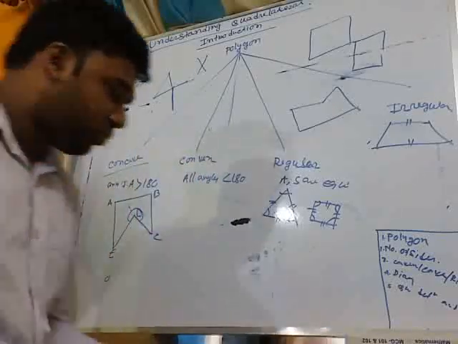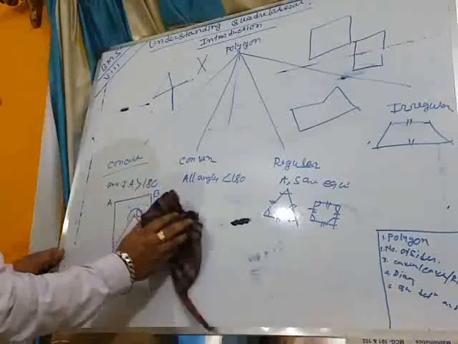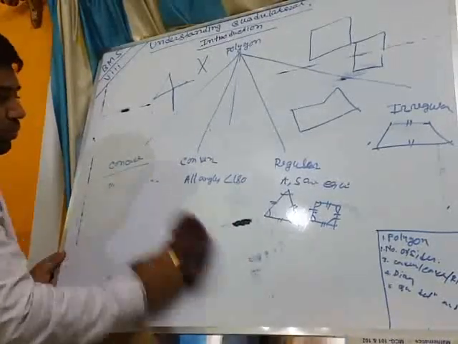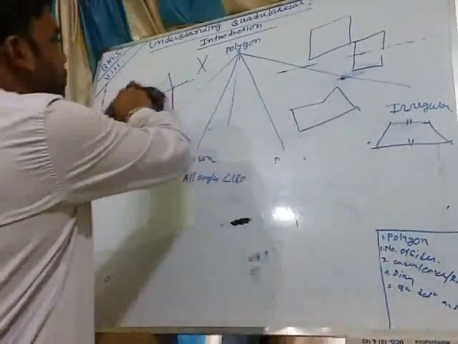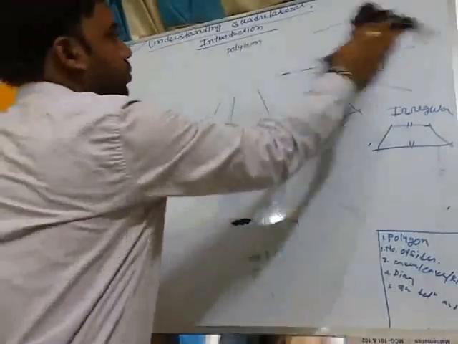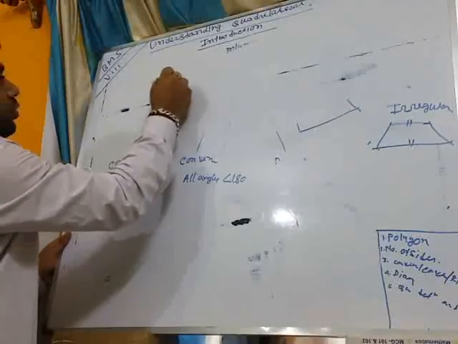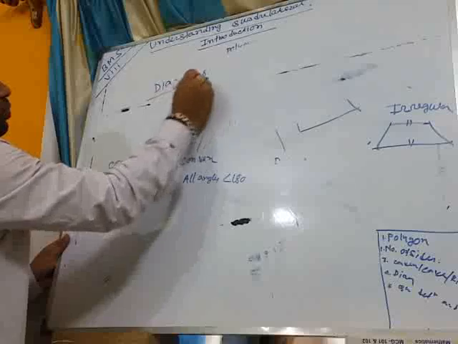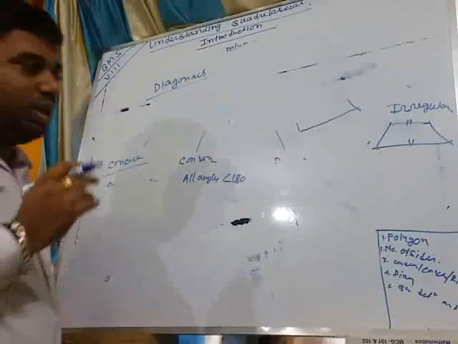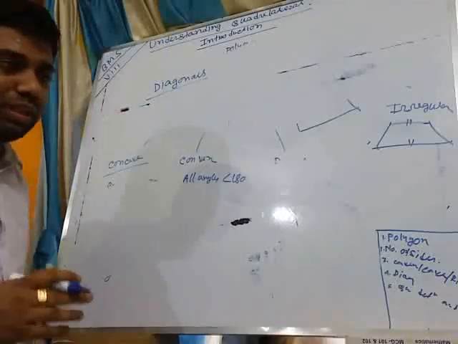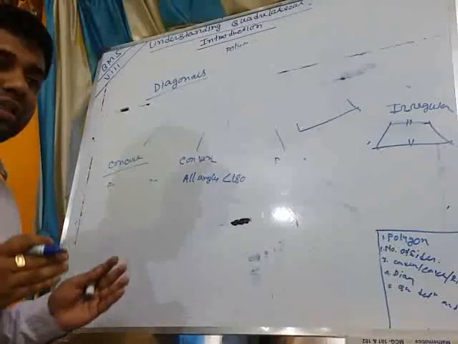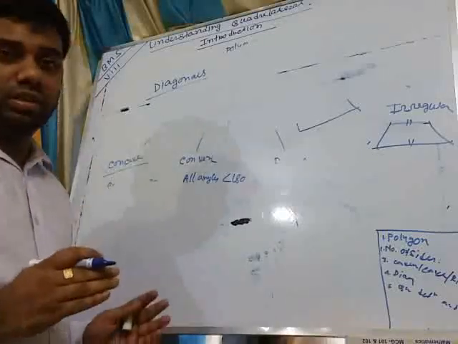Now, diagonal. What do you mean by diagonal? Diagonal of a polygon means the line segment joining the non-consecutive vertices.